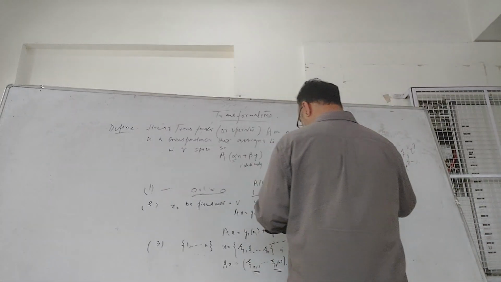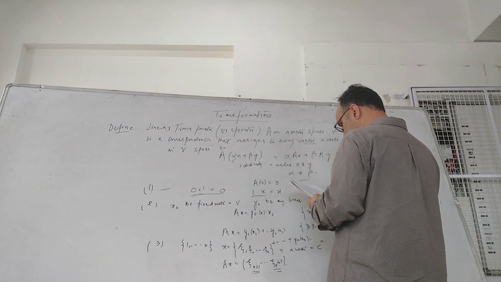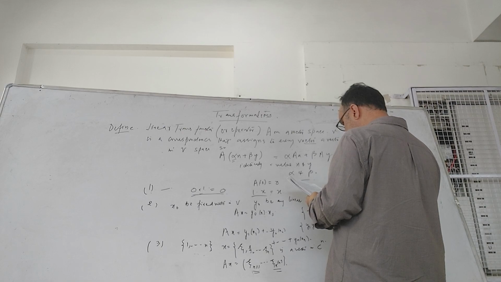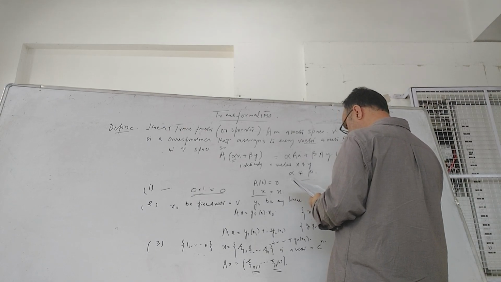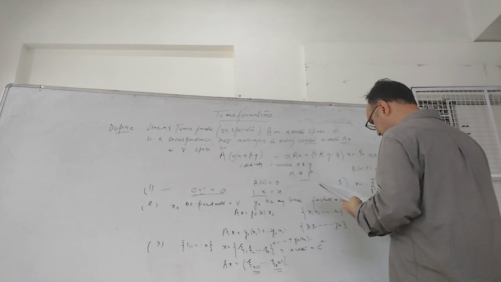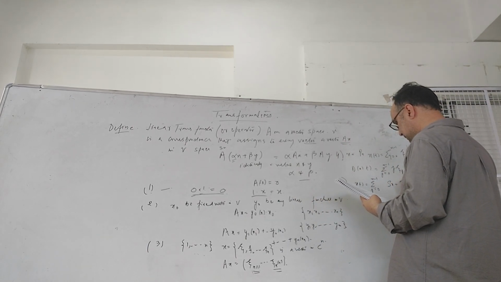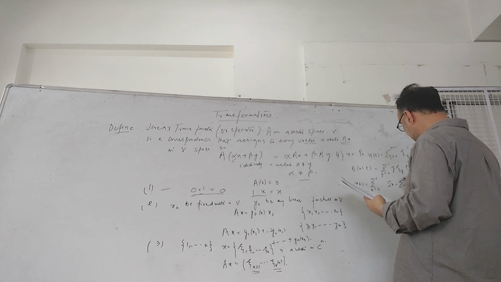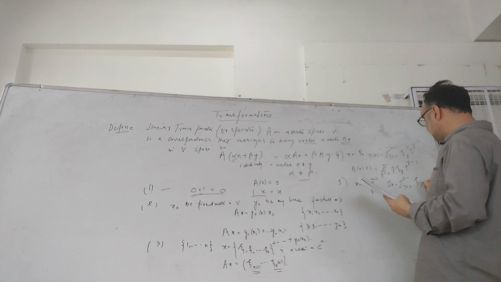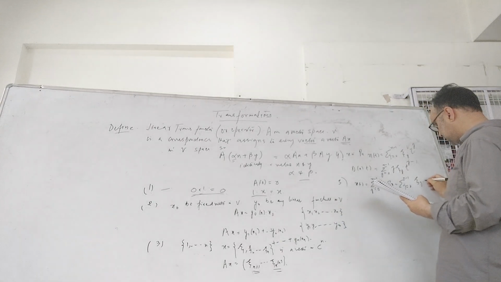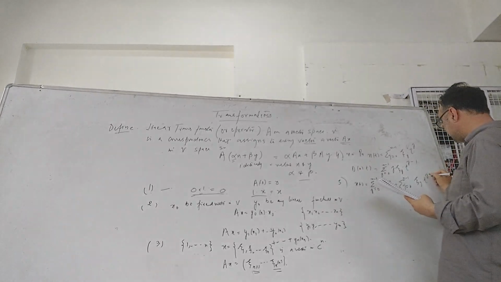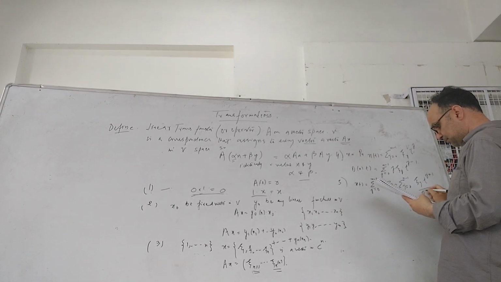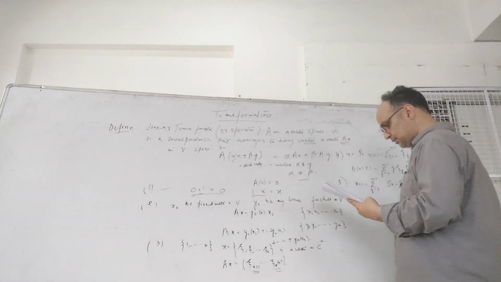So that's it. The fifth property is that if x of t is defined as t to the power n minus 1, so we write s of x is an integral of the function, t to the power j, so it will be t to the power j plus 1 divided by j plus 1.